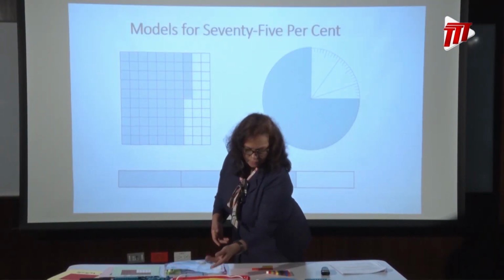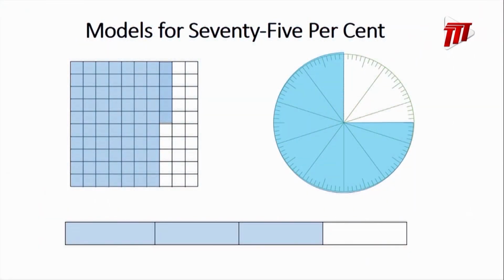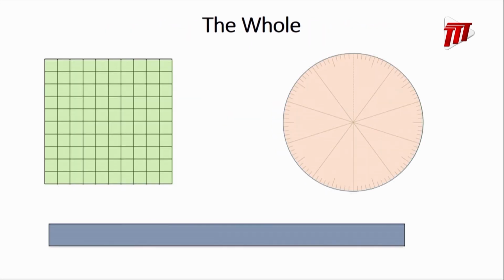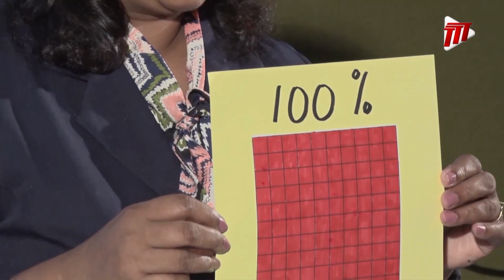Right, we're going to move on. So we have been talking about percent, we have been talking about parts of the whole. What about the whole? And this is how we represent the whole. We can represent the whole using the grid. This is 100%.